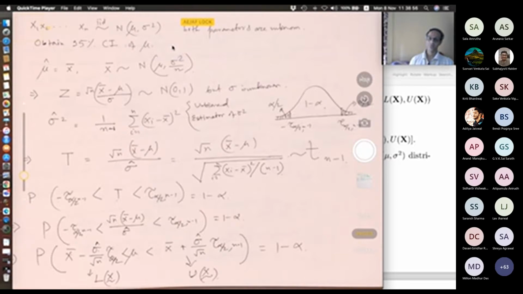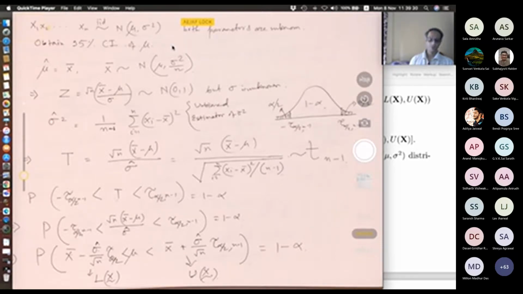X bar can lie in many intervals with probability 1 minus alpha. So we are first converting into normal(0, 1), and then we are just doing algebraic manipulation. Yes, of course. But how will we come to know from which algebraic manipulation we will get the corresponding interval?